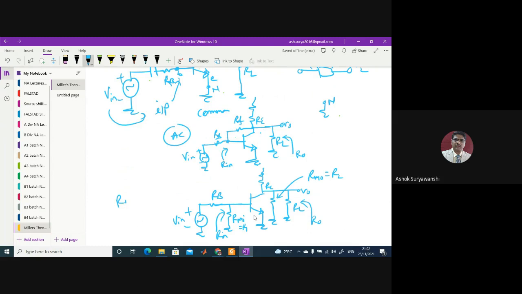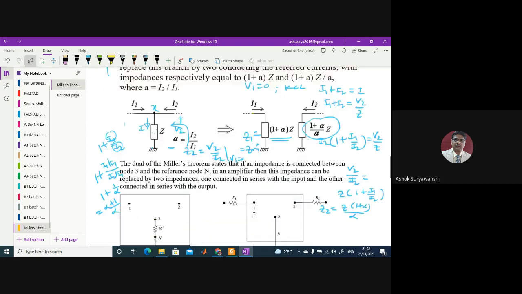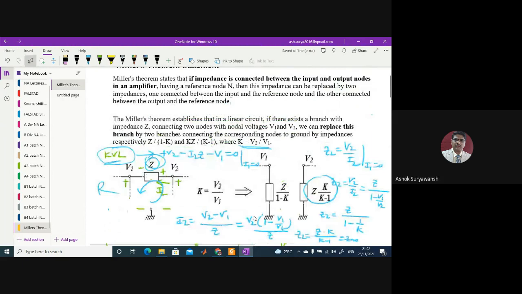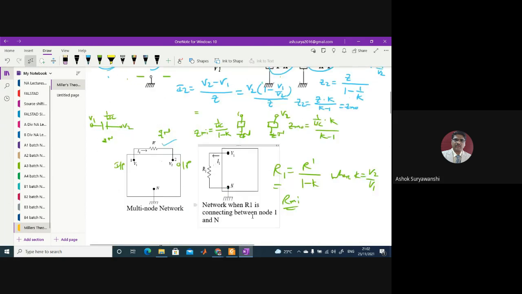We have seen already using this theorem, RMI or R1 equals Z. Here Z means RF, so instead of Z there is now RF between the input and output. So what is the formula for Miller's input resistance or impedance? It is the value of the feedback element upon 1 minus K. If there is a resistance, it is the value of the resistance upon 1 minus K.